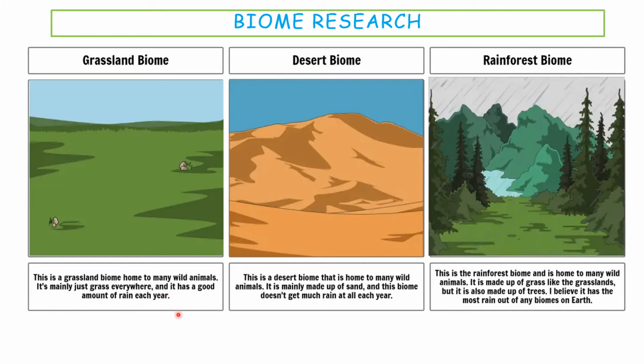It's mainly grass. It does have a good amount of rainfall each year, but often they're found north of the equator, about 60 degrees latitude. They're often found in the centre of continents. The rainfall can vary. Often they have low productivity, but they'll be home to the particular animals and plants that live there.